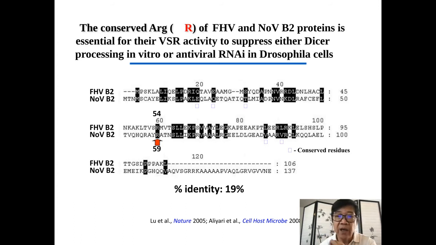So remember, this single amino acid change at position 59 of Nodamura virus B2 will knock out its activity in suppressing RNAi in Drosophila cells.